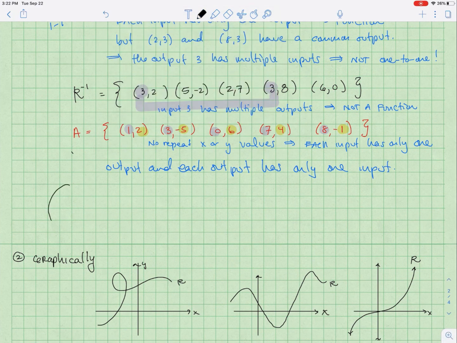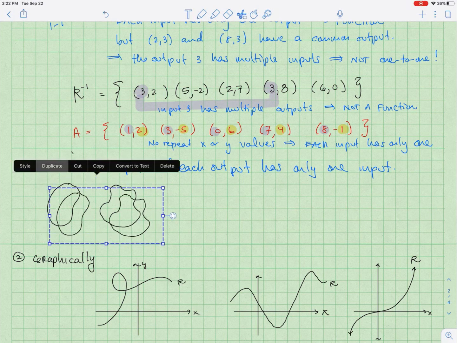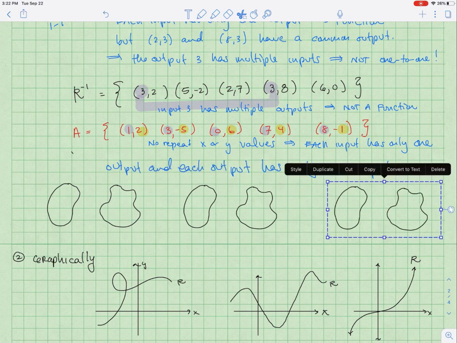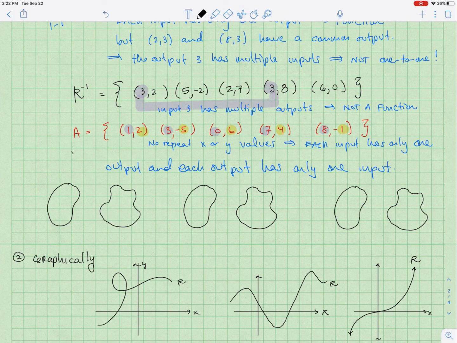So here's a kidney bean, kidney beans, and a blob. And let me duplicate that a couple times. If you've never seen these before, don't worry about it too much. They're pretty straightforward. So just to make this simple, I'll have inputs of 1, 2, 3, an output of 1, 2, 3. They don't have to be the same value. Maybe that's too misleading.